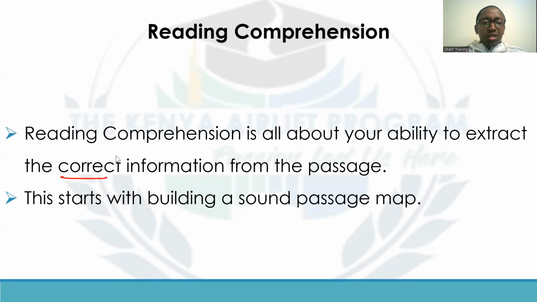And reading comprehension usually has 3 to 6 questions, so once you understand the passage the wrong way, you'll probably miss some or all of them. Extracting the correct information starts with building a sound passage map.